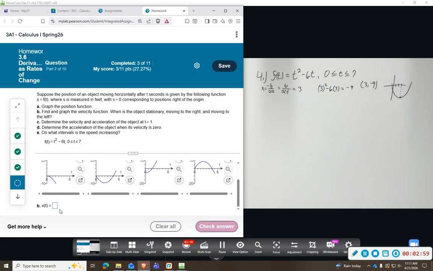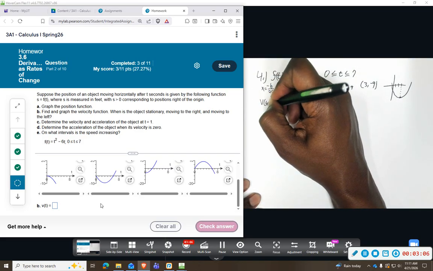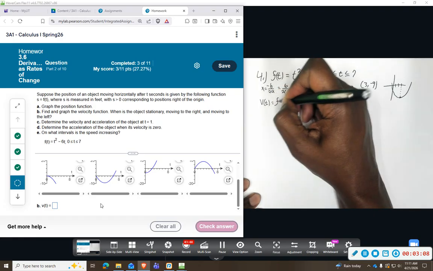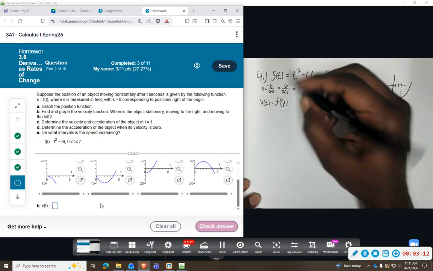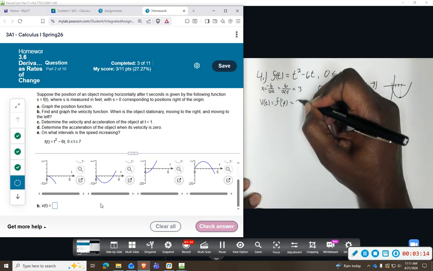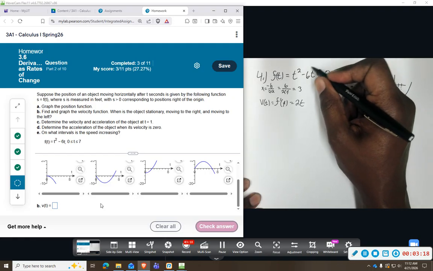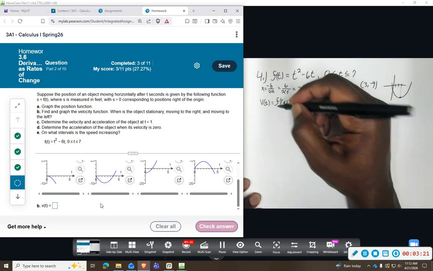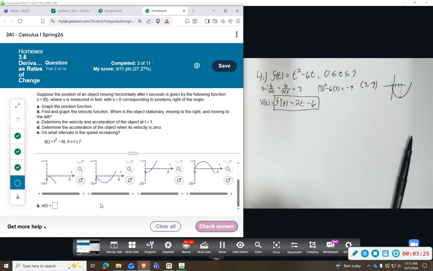All right, the velocity function is going to be f prime. Derivative of t squared is 2t, and then the derivative of negative 6t is negative 6. So our velocity function is 2t minus 6.